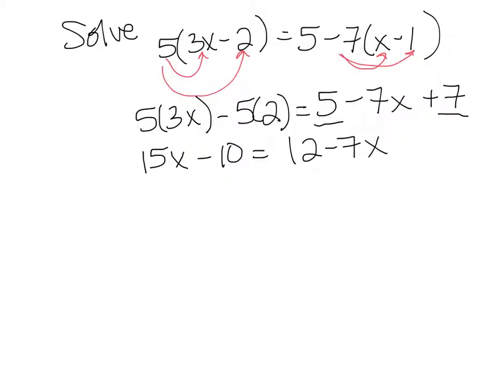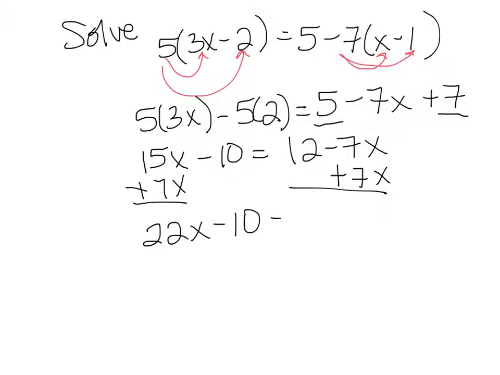Anytime we're solving a linear equation in one variable, our goal is to isolate x. That is, we want to move all of our terms with x to one side and all of our constants to the other. In this case, we can use the addition property of equality to add 7x to each side. 15x plus 7x is 22x.